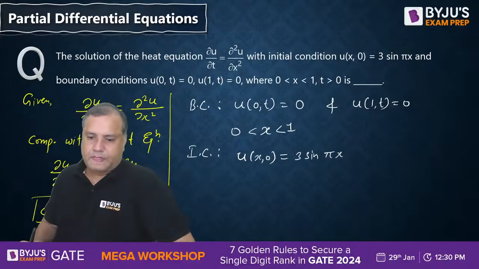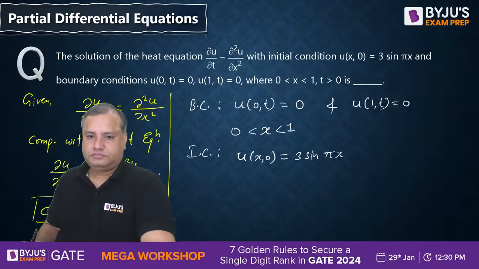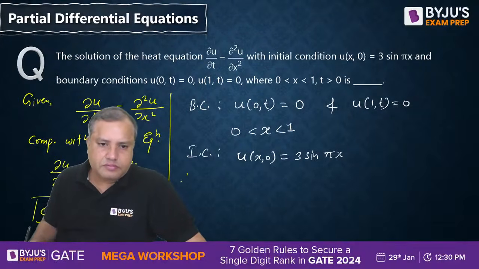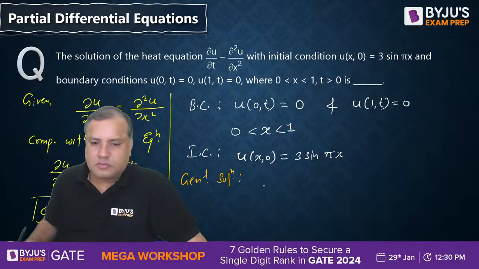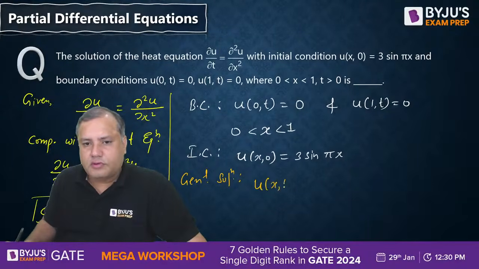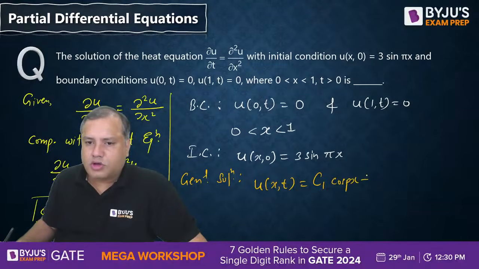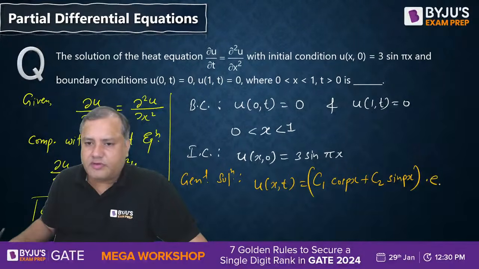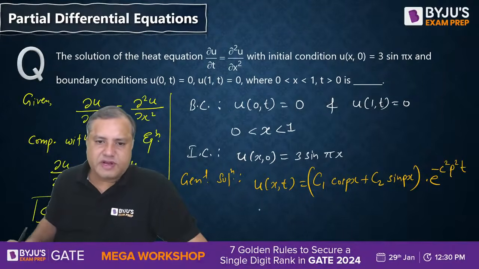Now, what is the general solution you derived? U of x comma t equal to capital C1 cos px plus capital C2 sin px, and here you have e to the power minus c square p square t. But c square is already 1.